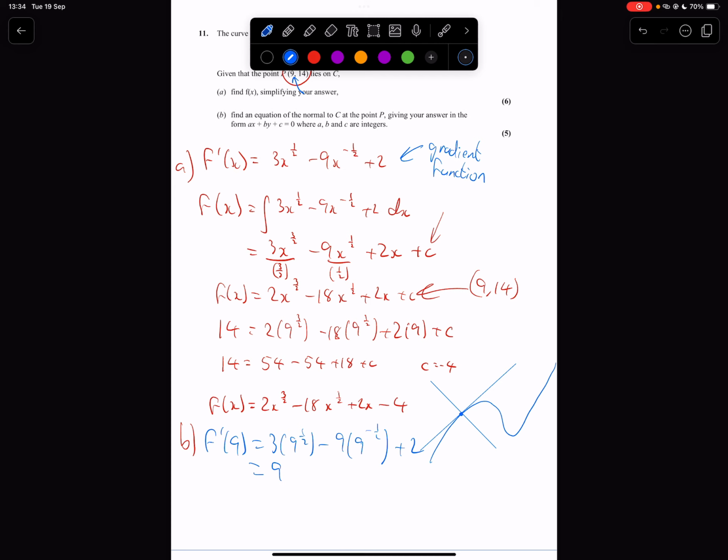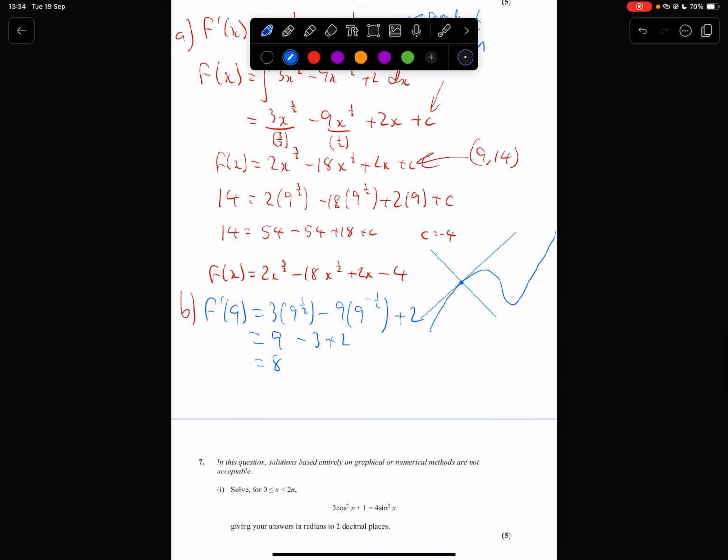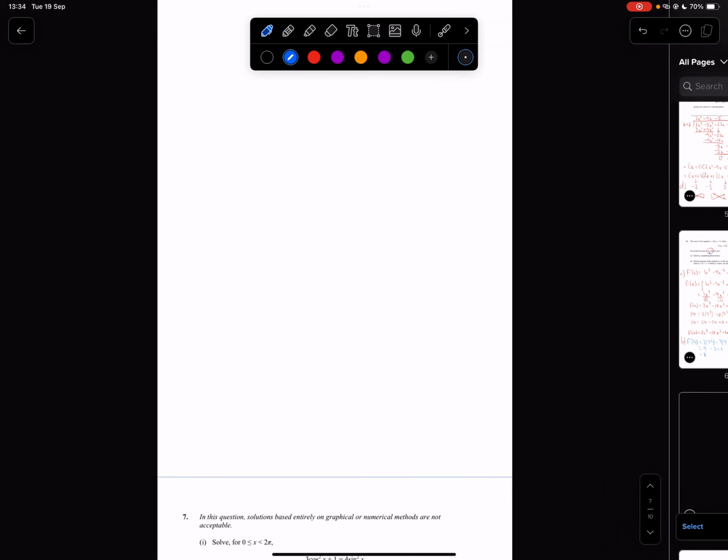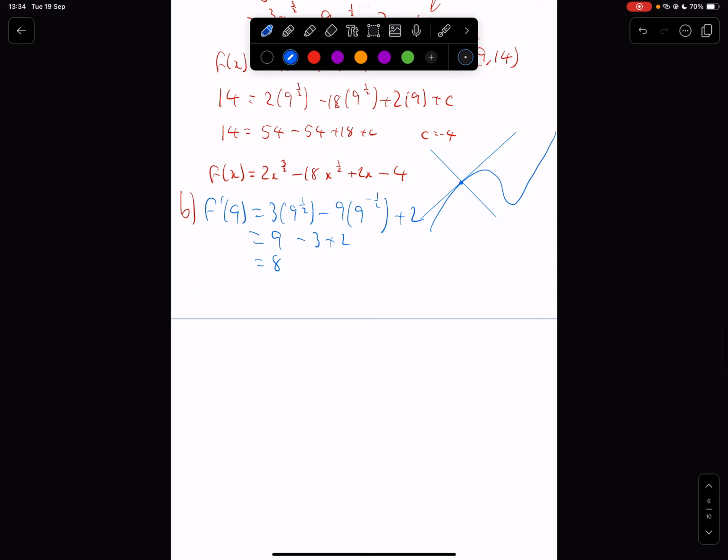So that's 9. Take away 3, add 2, which is 8. So the gradient of the normal is the negative reciprocal of that, which would be negative 1/8. So the normal gradient is negative 1/8.